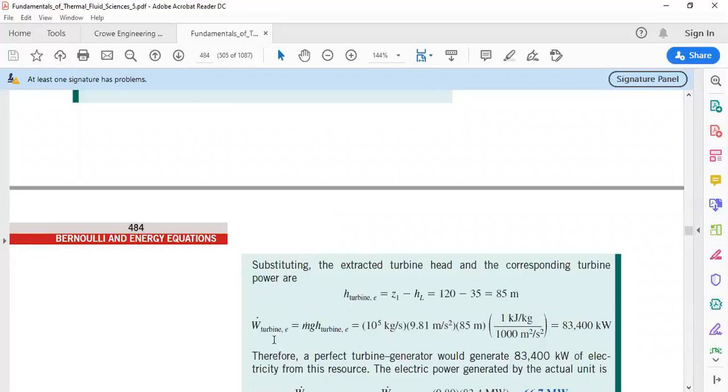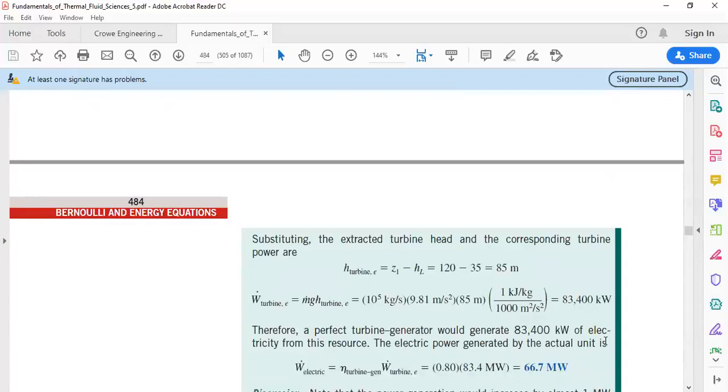In order to get the extracted turbine power, which represents the mechanical power decrease in the fluid through the turbine, that equals m dot times g times the extracted turbine head. We have everything, so we get 83,400 kilowatts.